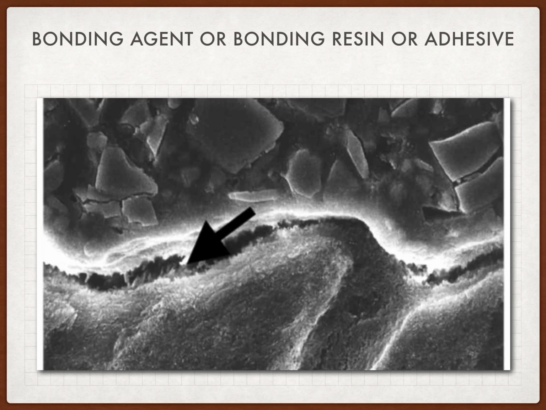The most important part of this system is the bonding agent or bonding resin or adhesive. All of these names are for one thing, which is that line that is separating the upper thing, the composite restoration, as you can see, with the filler particles in it, and the lower thing, the tooth structure.